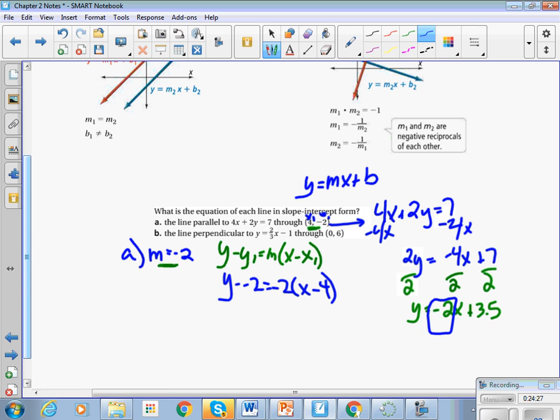And then we're going to simplify this, and I'm going to distribute out the -2. So I get y plus 2 equals -2x plus 8. To get it into slope-intercept form, I need to get y by itself. So I subtract this 2.